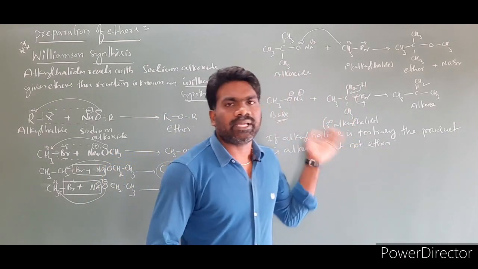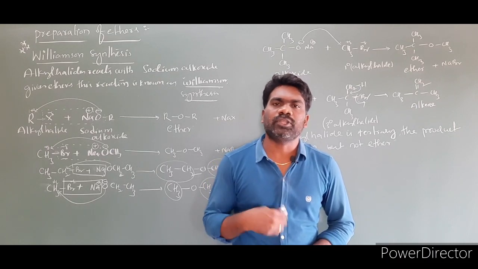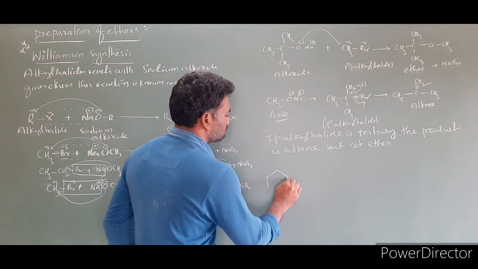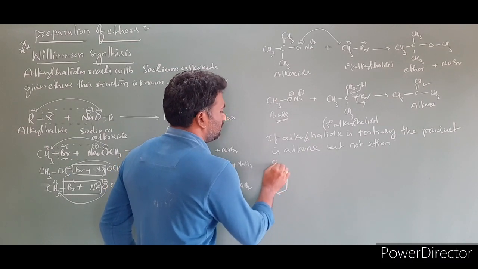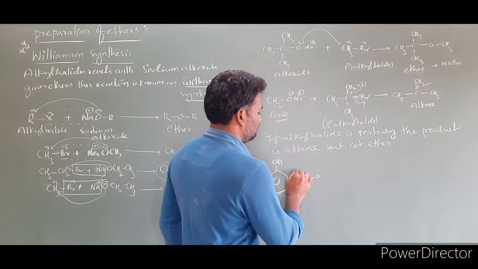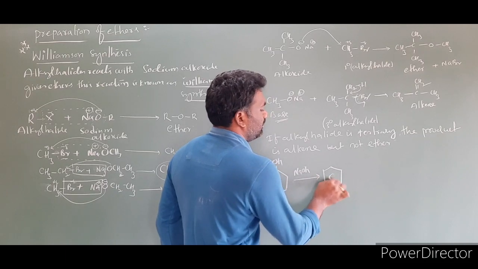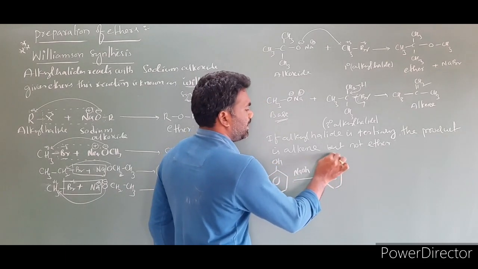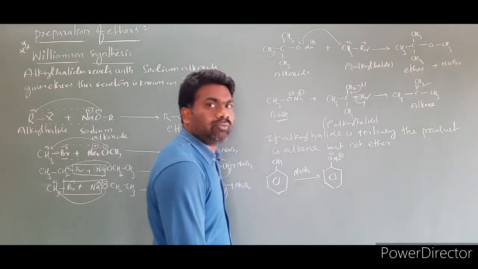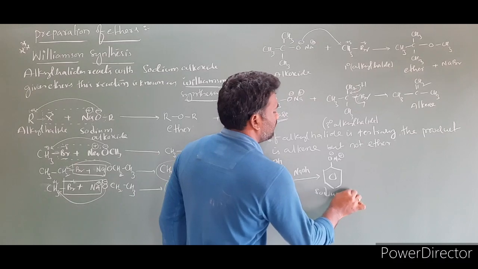Now by this Williamson synthesis method, we are able to convert phenols into ethers. I am taking an example of phenol. So this is phenol. Phenol reacts with sodium hydroxide and will produce O minus Na plus, so the product is sodium phenoxide.